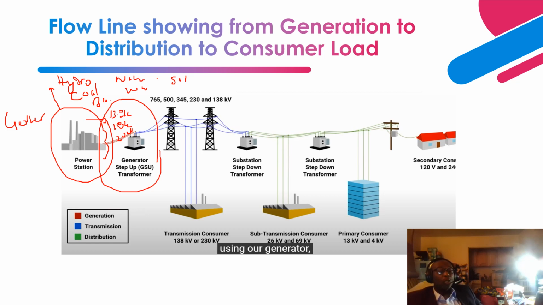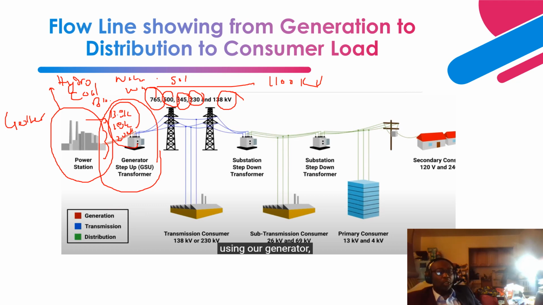You step the voltage up from 13.8 kV, 18 kV, or 20.2 kV to a transmission level voltage of 138 kV, 230 kV, 345 kV, 500 kV, or 765 kV. As a matter of fact, you can go all the way to ultra high voltage transmission, 1100 kV. That is the latest technology for the highest transmission level voltage that has been achieved.